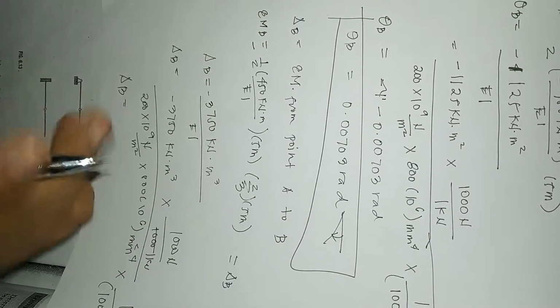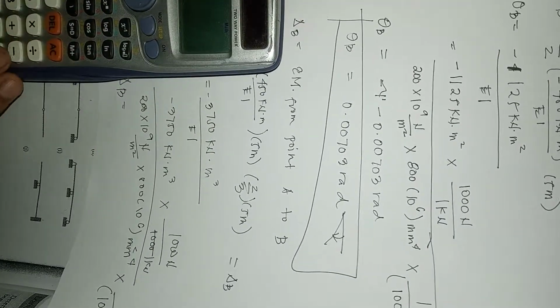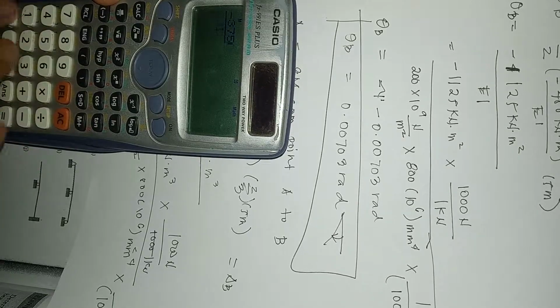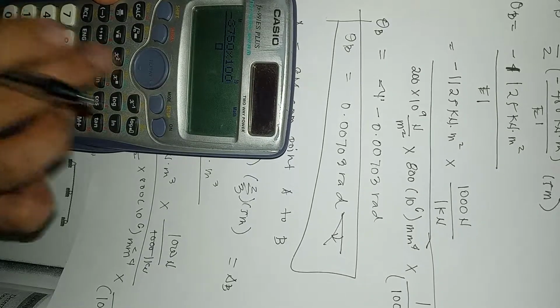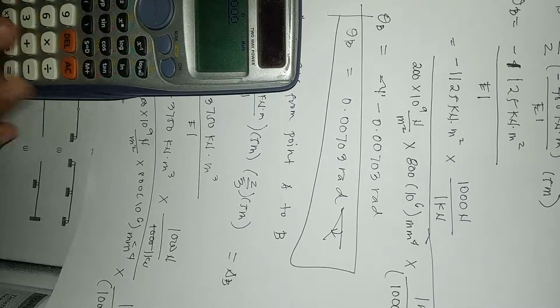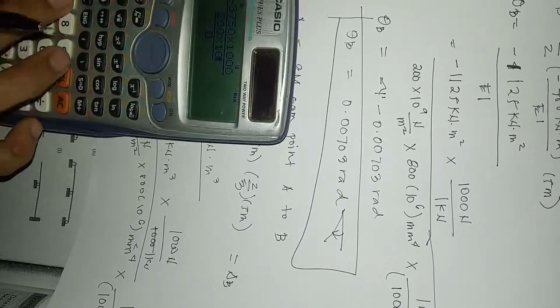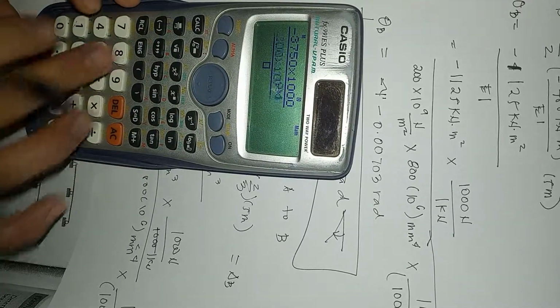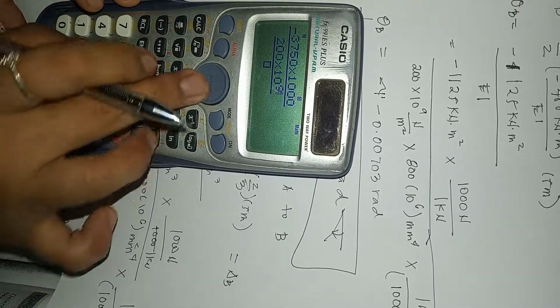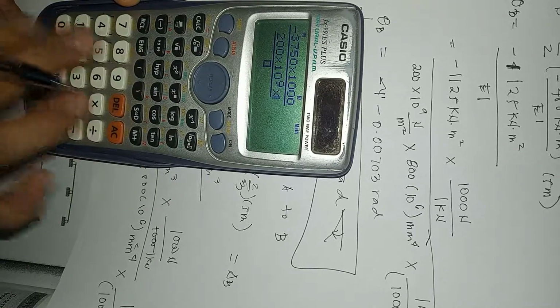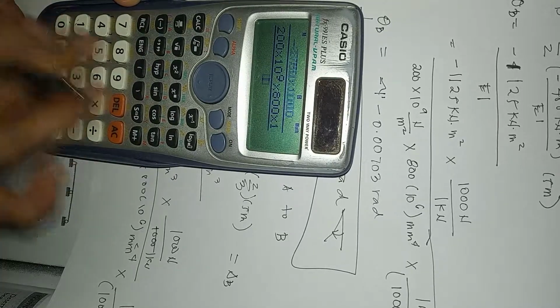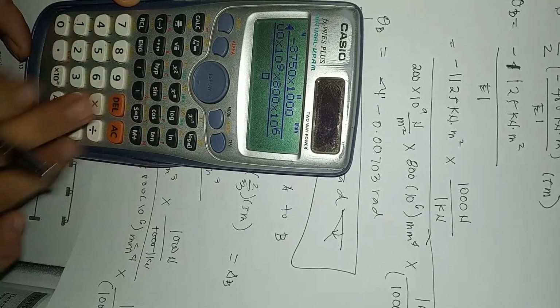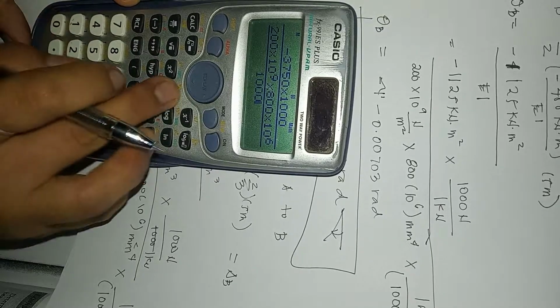So delta B is negative 3750 times 1000 all over 200 times 10 raised to 9 times 800 times 10 raised to 6 over 1000 raised to 4.